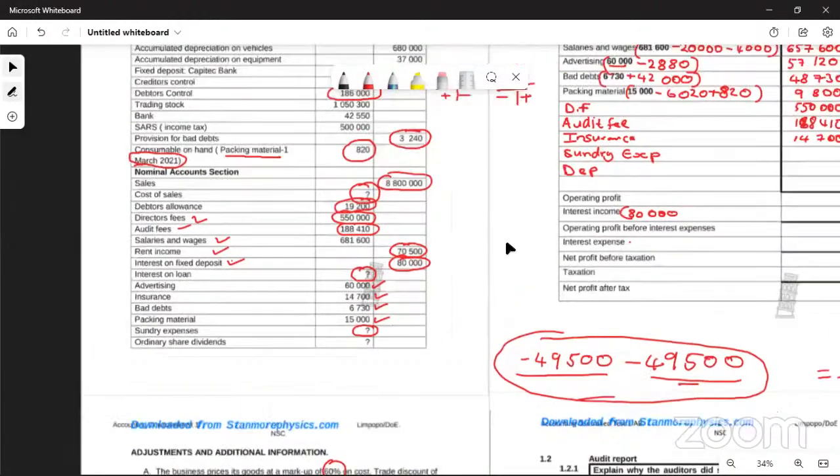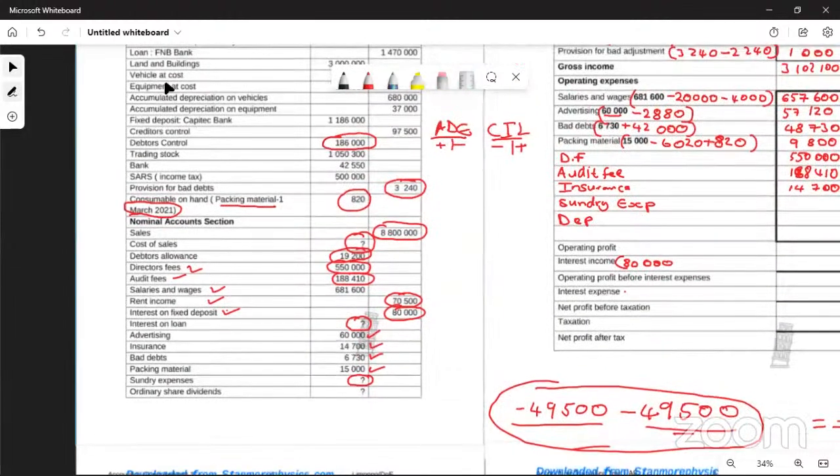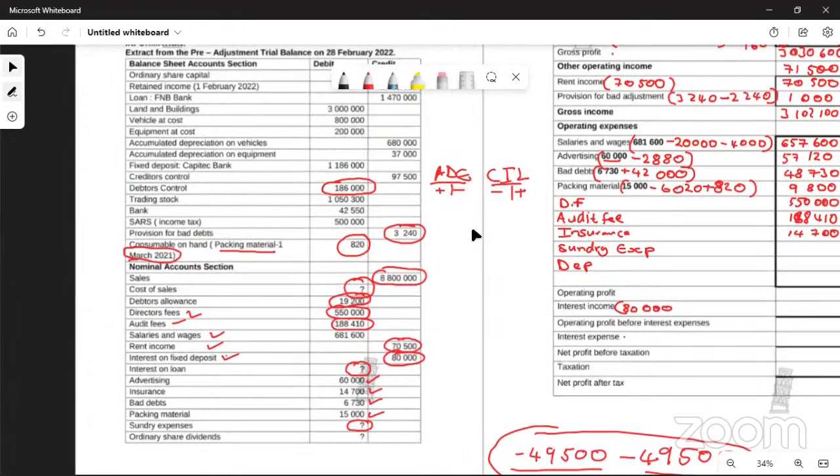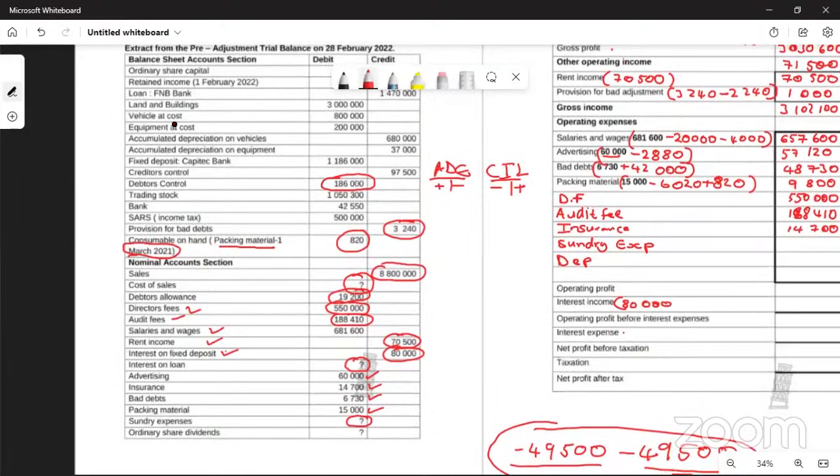We are given the assets there too. We are given equipment, the vehicle, land and building. Land and building, we know there is no depreciation. So we are going to check only for the 2, the vehicle and the equipment. We are given the accumulated depreciation on vehicle.